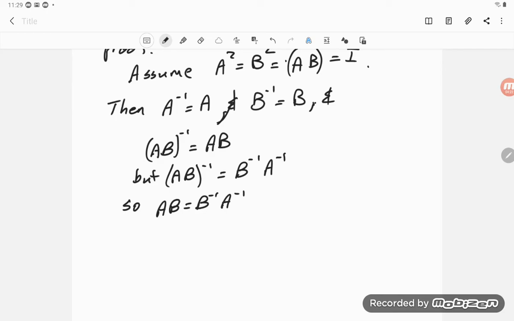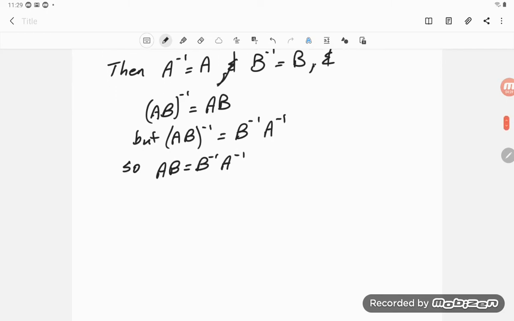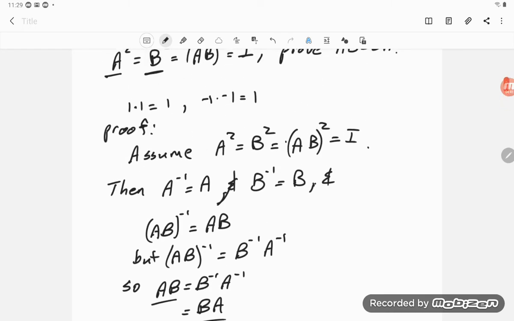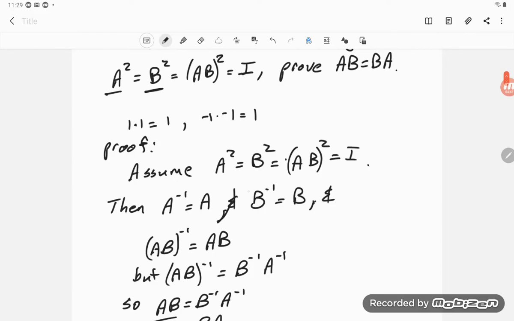But now, B inverse is B, sorry, and A inverse is A. And so we get that AB is equal to B times A. And that's what they wanted you to prove.